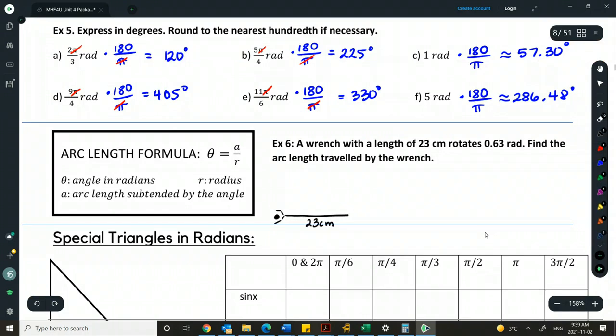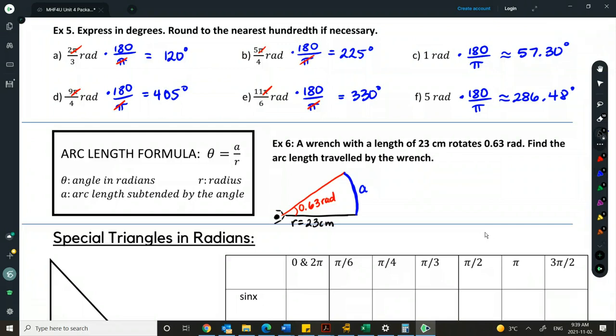That wrench gets rotated 0.63 radians, and I want to know the curved length, so the arc length, which will be represented by A. That's what we want to find. And the radius is 23.